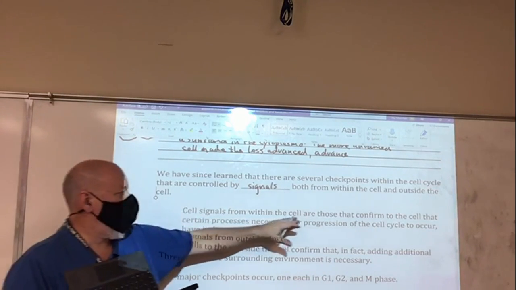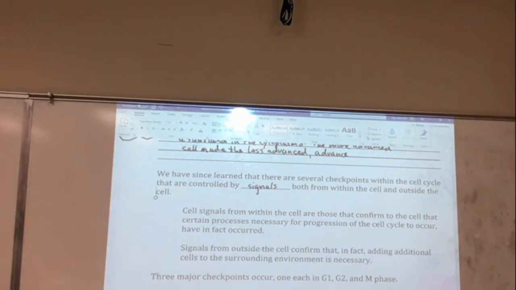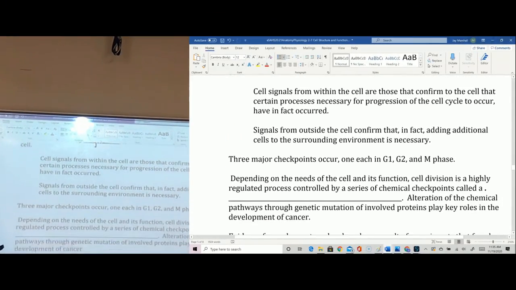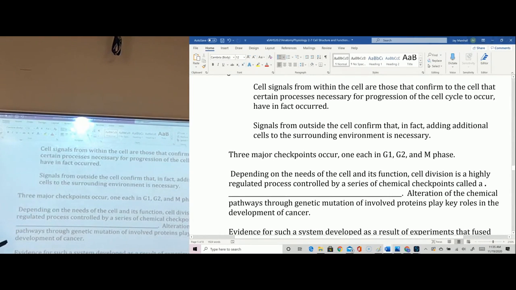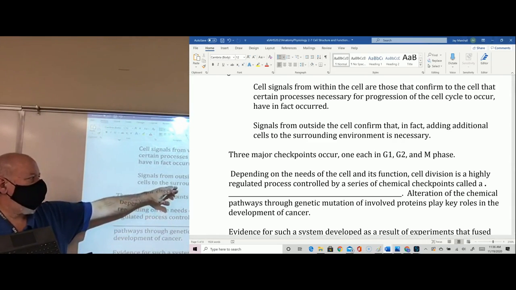Okay, so cell signals from within the cell are those that confirm to the cell that certain processes necessary for progression have occurred. Signals from outside the cell confirm that adding additional cells to the surrounding environment is necessary.